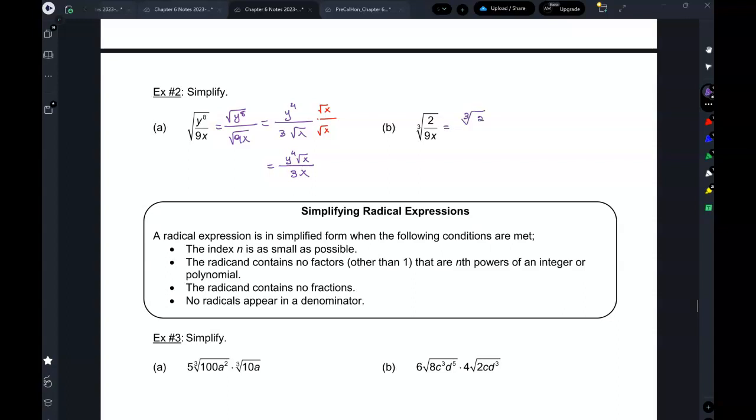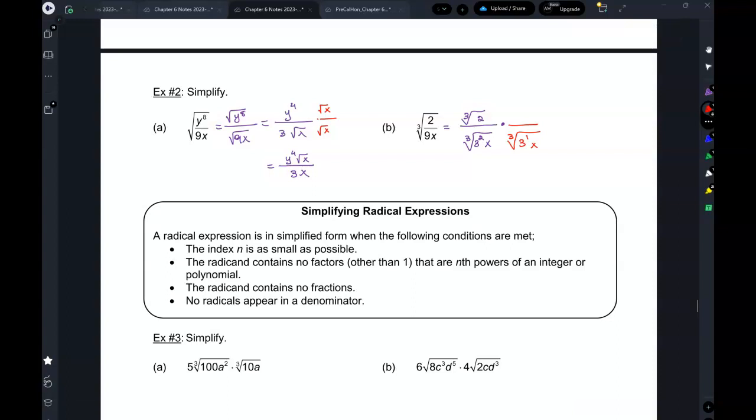Cube root of 2 over cube root of 9x. Now, the 9 can simplify to how many squared? 3 squared x. So now I have an issue here. I have to multiply top and bottom by a cube root of something. 3 to the how many? 3 minus 2, 1. And then x to the how many?